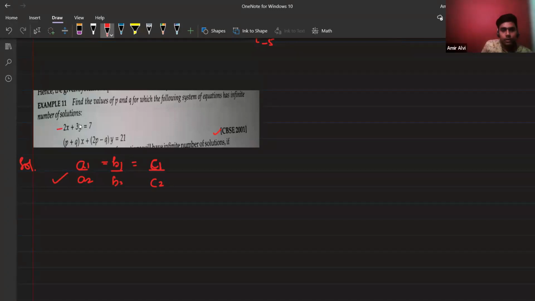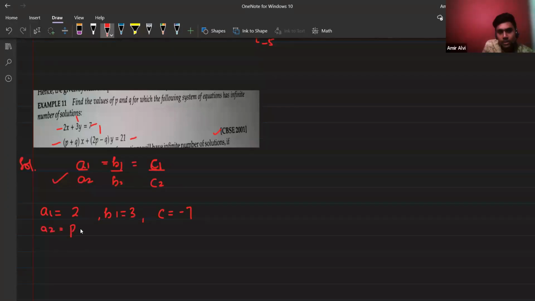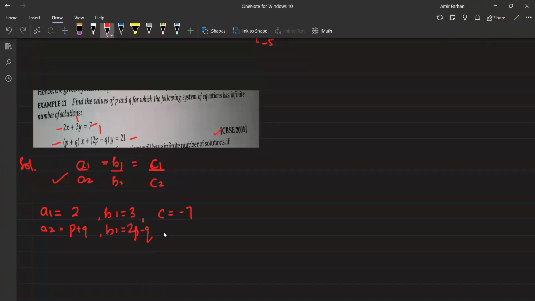Now compare. This is A1, this is B1, this is C1. This is A2, this is B2, this is C2. Let me write it here. A1 is 2, B1 is 3, C1 is minus 7. Clear? Yes, sir. A2 is P plus Q, B2 is 2P minus Q, C2 is minus 21.